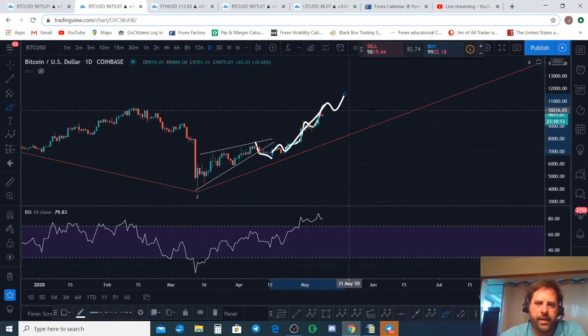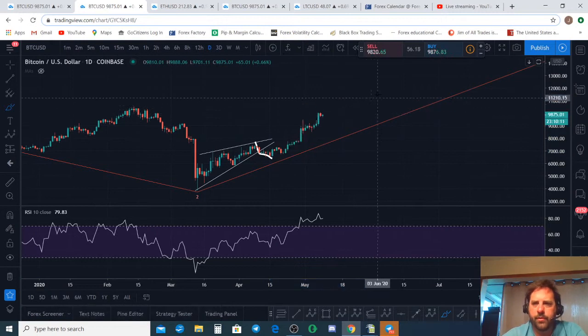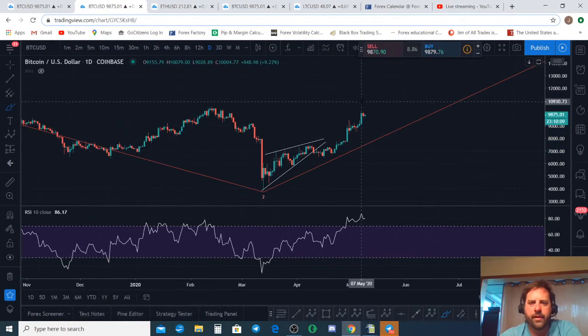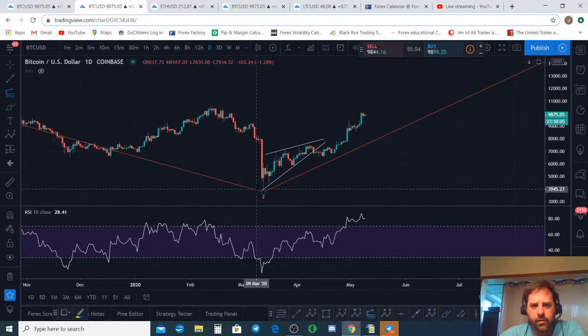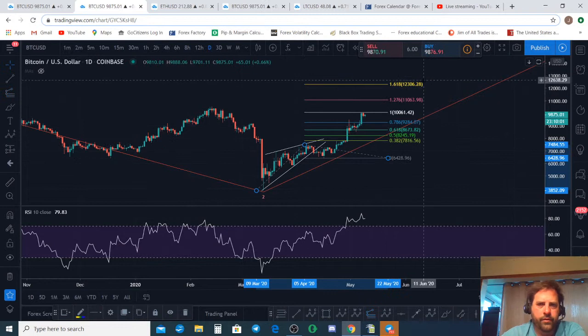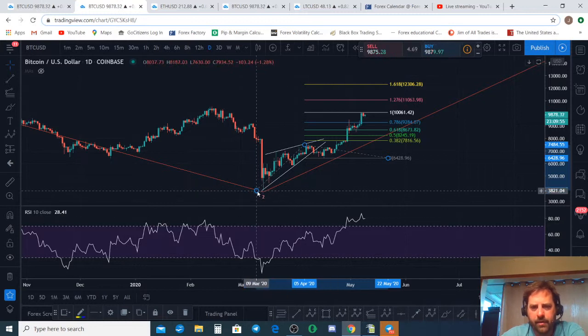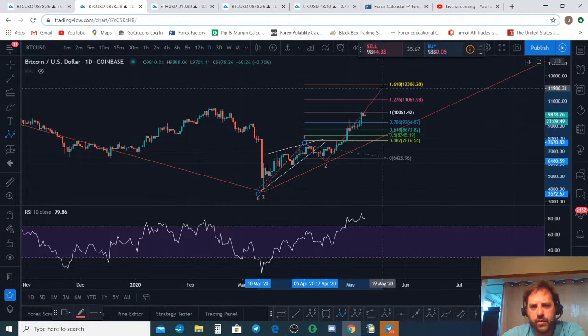1, 2, 3, 4, 5. Yeah, I mean, there's a bull count right there. Bull count's putting this to $11,000 or $12,000, guys. So if Philip's right and I'm wrong, I mean, 12,300 is the 1618, guys. We would expect this wave to get up here. 1, 2, 3, 4, 5.